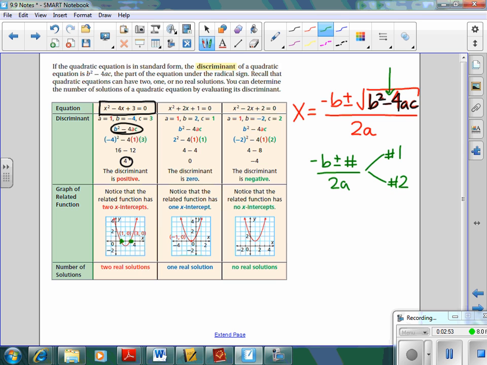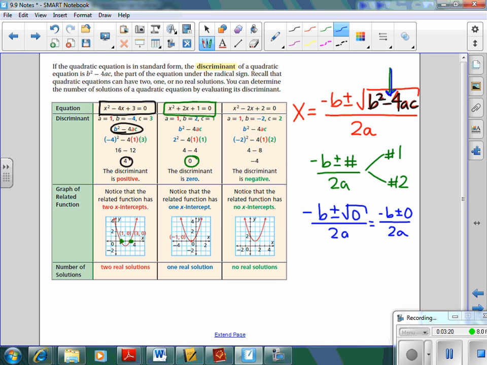If we do the next one, let's say we plug it in and do b squared minus 4ac, and we get 0 out. Something a little different happens. If we have 0 in here, we have negative b plus or minus the square root of 0. Square root of 0 is just 0. So if I have negative b plus or minus 0, is that going to change b at all?